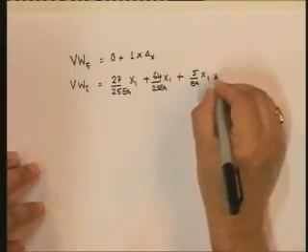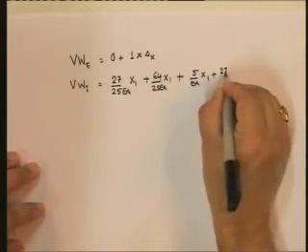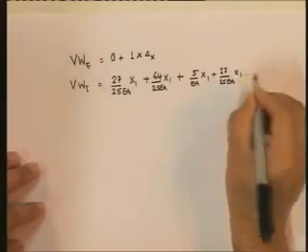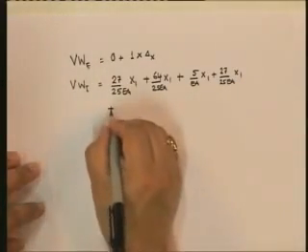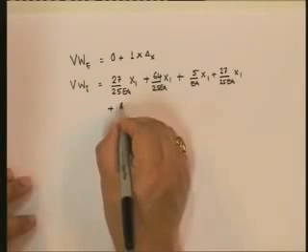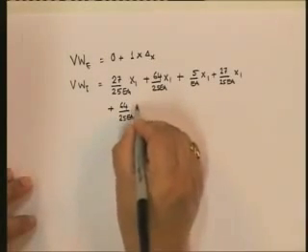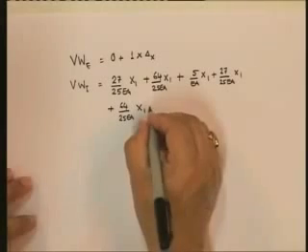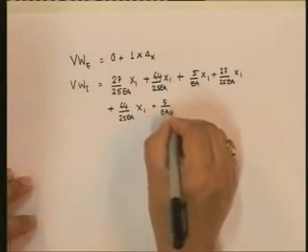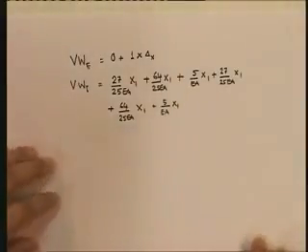Then CD is going to be the same thing, 27 upon 25 EA x1. Then AD is going to be 16 by 5 into 4 by 5, so that's 64 upon 25 x1, plus 5 upon EA x1 into 1. So this is my internal virtual work.